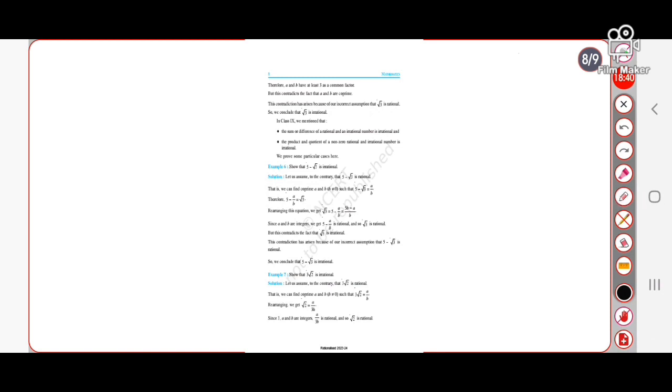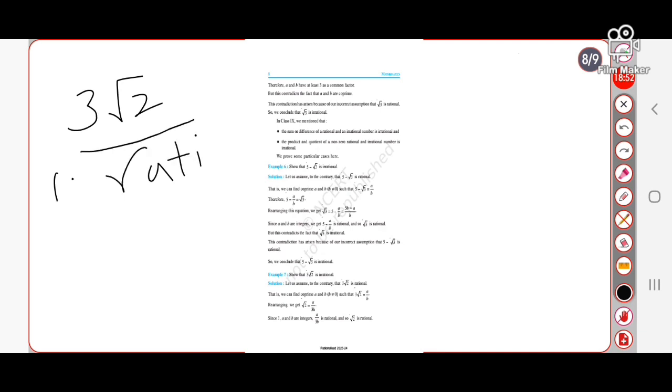Now the next question: 3 root 2 is irrational. Again the same thing. The first step we saw is that we need to assume this to be rational. We assume 3 root 2 is rational and equate it with the form p by q.